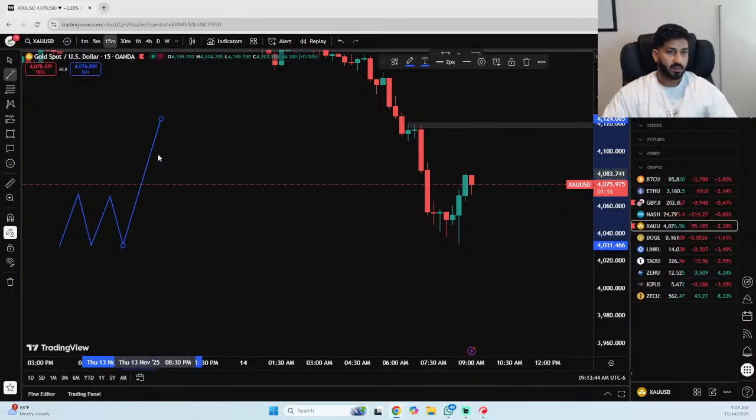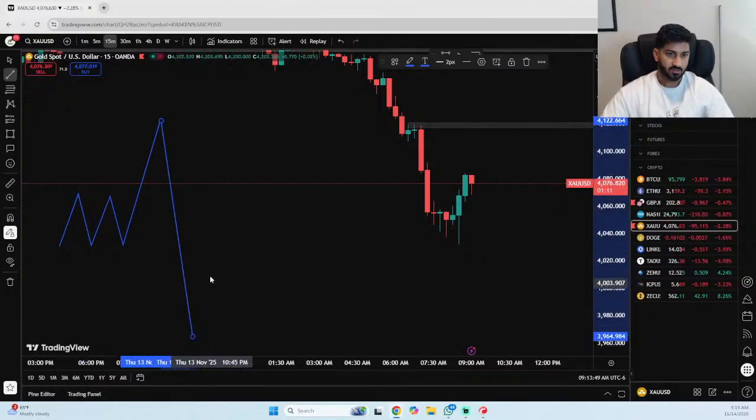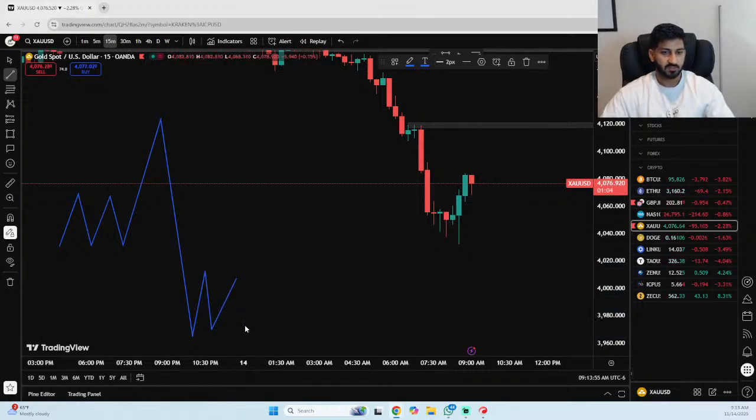But if London session is like this, New York session would sometimes be more like this. It really depends on how much volume there is in the market, but usually I would expect one of them to break out.